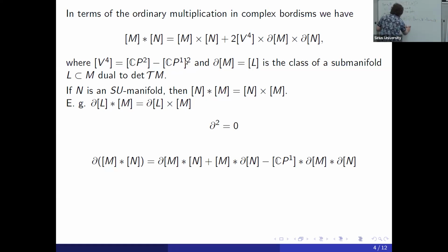Let the polar divisor have some irreducible components. Then for every set of these components, we have a smooth intersection.